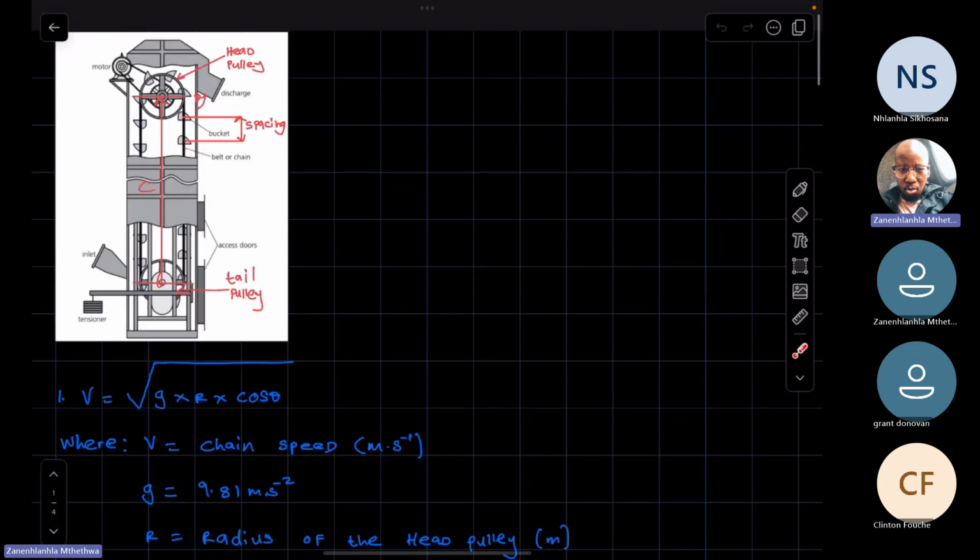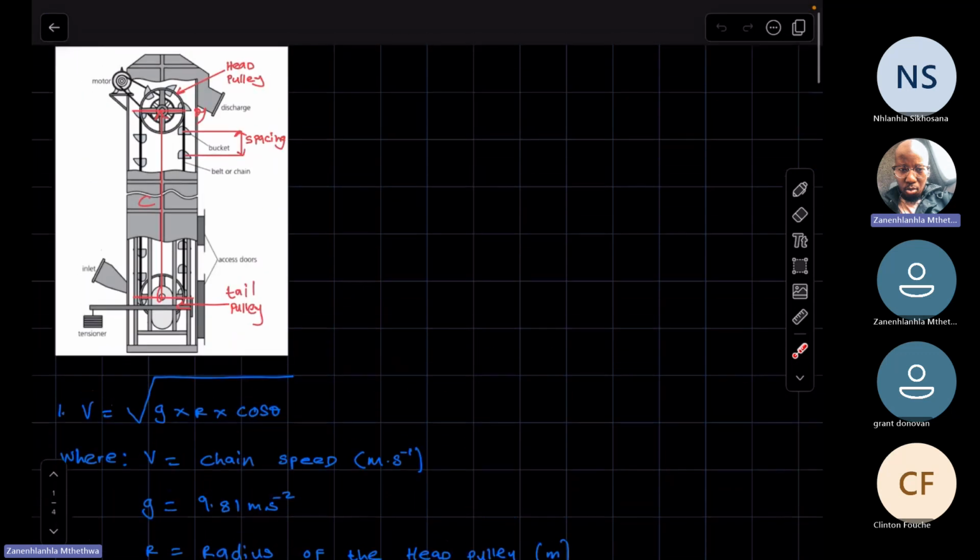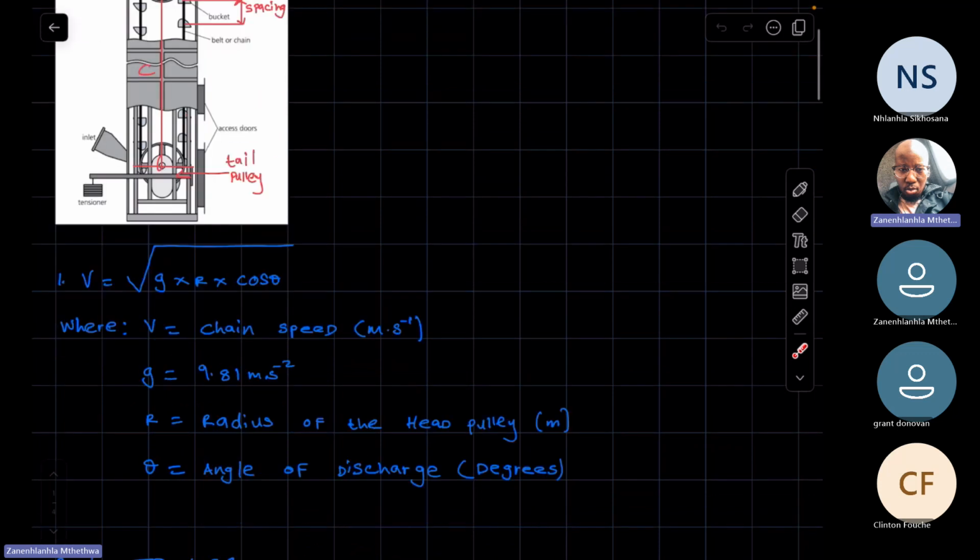So it's two times the center distance plus the circumference, where you are accounting for the bit of the chain that goes around the two pulleys. So if some of these formulas are not in the formula sheet, this is one way you can remember them, by looking at them from the perspective of the diagram itself.